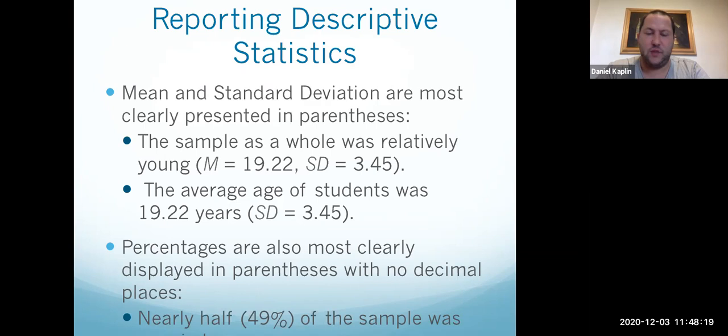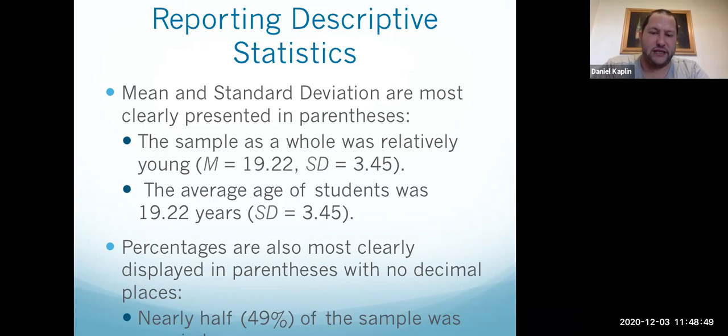That is one way to write it. There's another way, which says the average age of the students was 19.22 years, open parenthesis, standard deviation equals 3.45. My preference is the first bullet point. There are two ways to write it, but the first one is more appropriate for my class.